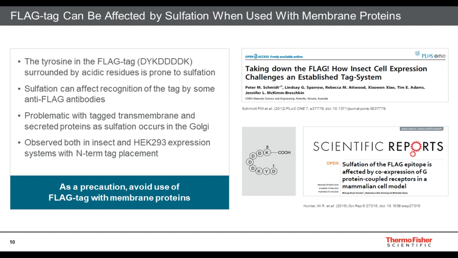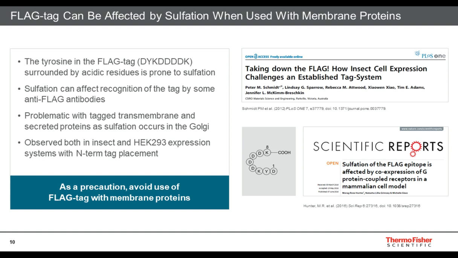There are a couple of reports in the literature where flag tag was used to tag transmembrane and secreted proteins, but the authors were not able to efficiently purify these proteins. And the problem found was that the tyrosine residue in the sequence was sulfated in the Golgi, especially with N-terminal tag placement. This sulfation modification of the tyrosine interferes with the recognition of the epitope tag by some of the anti-flag antibodies available.